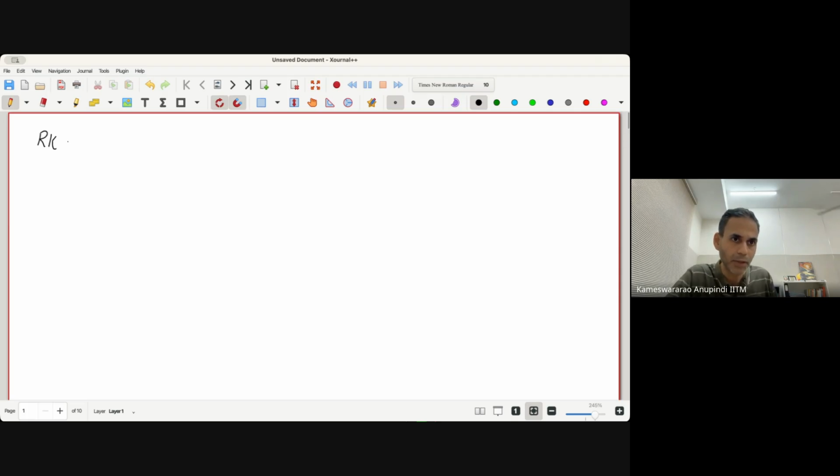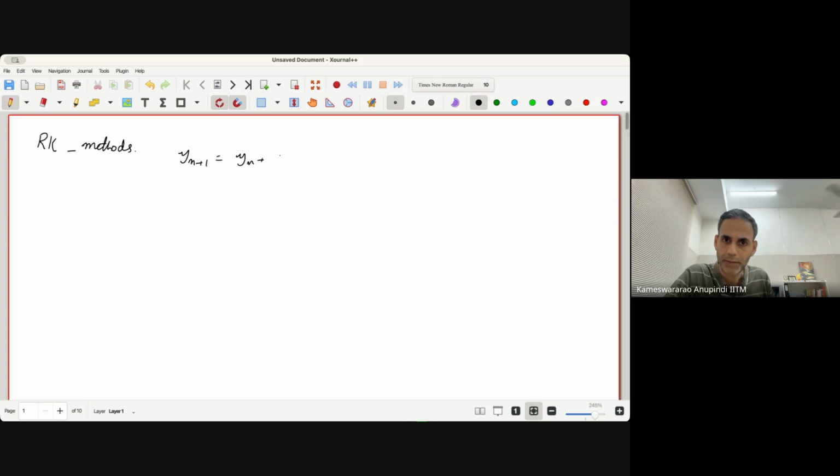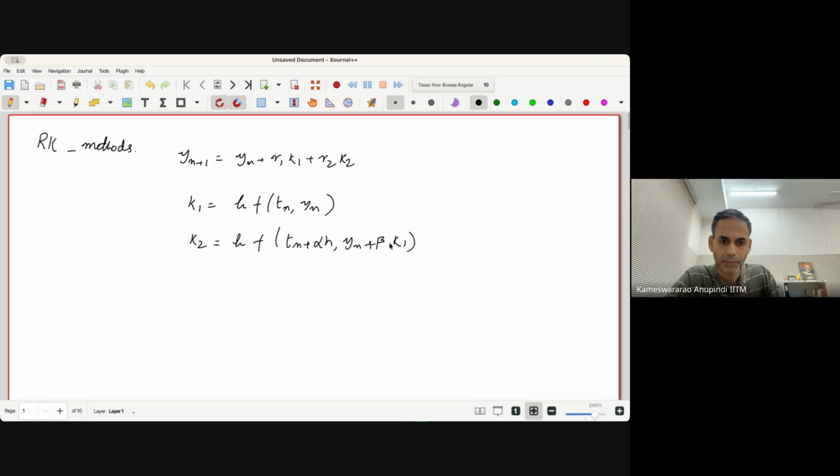We said we're going to write y n plus 1 equals yn plus gamma 1 times k1 plus gamma 2 times k2, in which k1 is h times f of tn comma yn, and k2 is another function, h times f of tn plus alpha h comma yn plus some beta times k1. So that is what we have written.